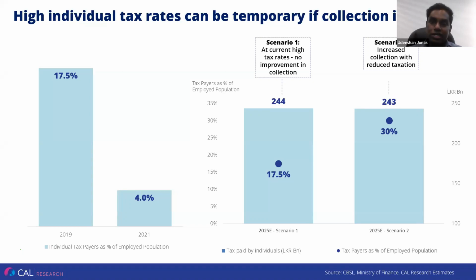If they are able to do that, they can afford to reduce the tax rates from the current 36% on the higher bracket down to about 24-25%. So there is a possibility that they can bring down the tax rates in about 2 or 3 years, when the government has improved on its collections.